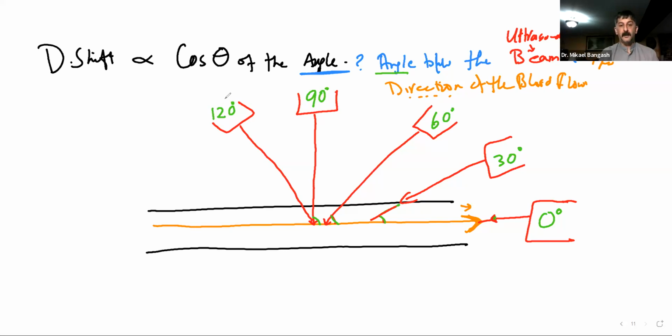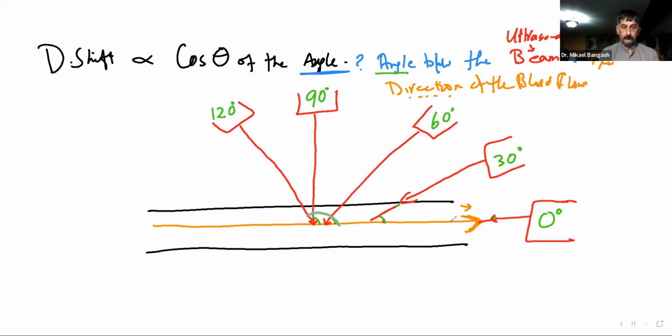What will be a 120-degree angle in this case here? This one. Because yes, it is an angle between the beam and the direction of the blood flow. Right?